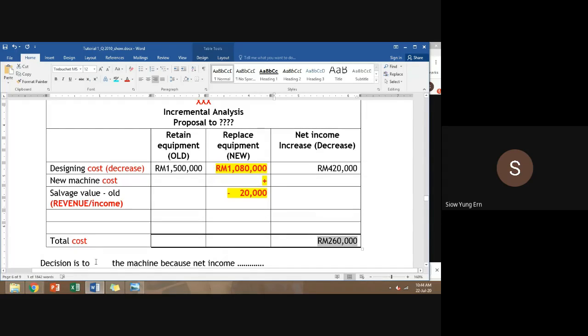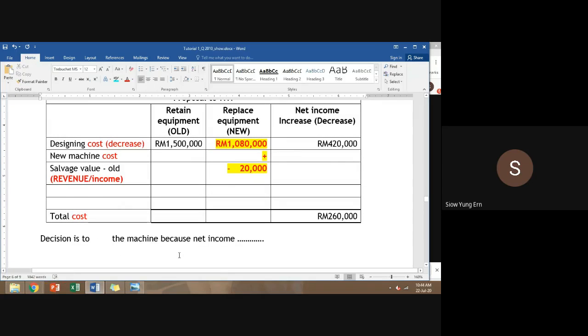So what is my decision? Correct. Decision is to replace, because this is positive. So if positive, we will choose the new decision. Replace the equipment with a new equipment.